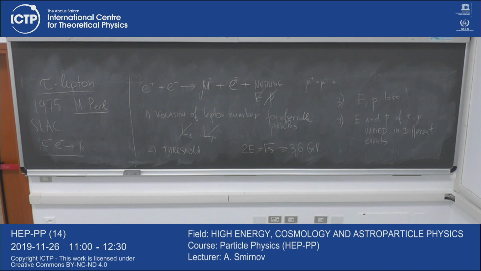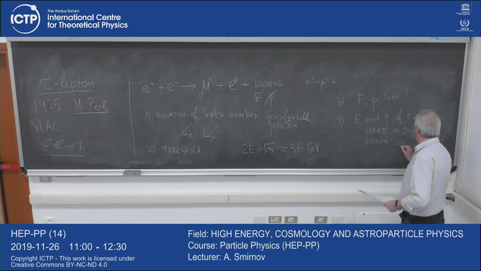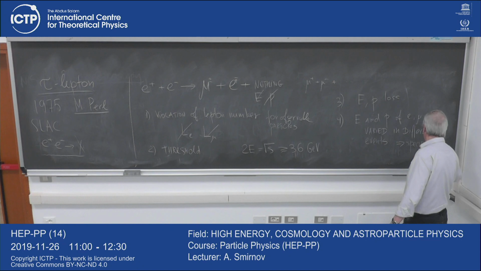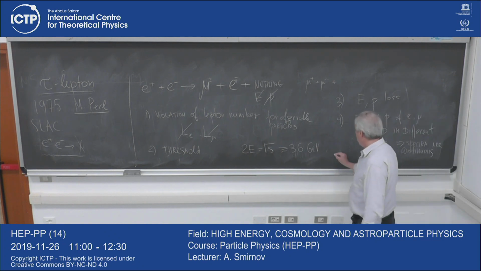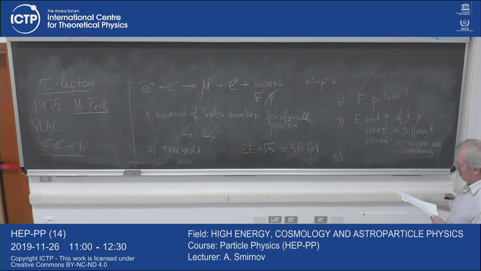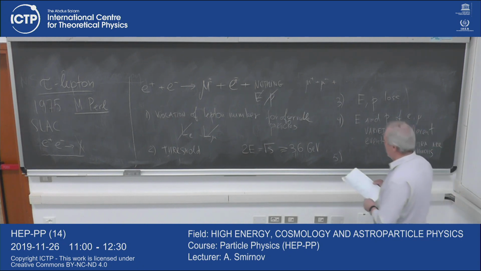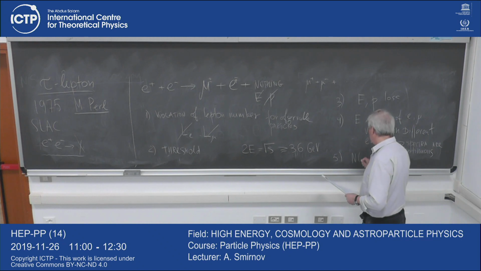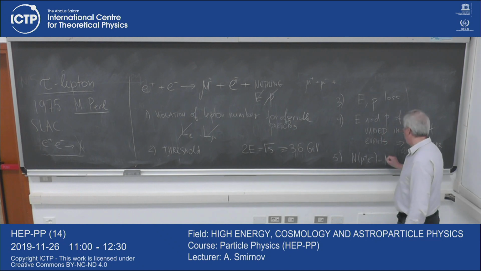In different events you have different energy. And finally, the number of events with different charge assignment was the same: the number of events with mu+ and e- was equal to the number of events with mu- and e+.